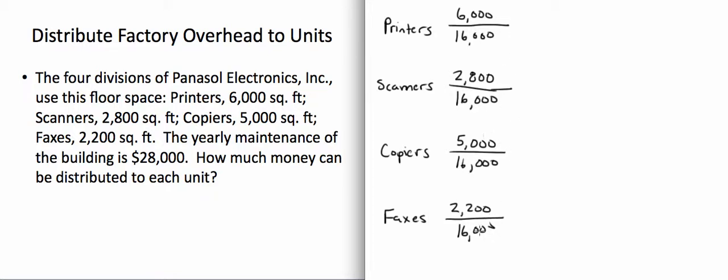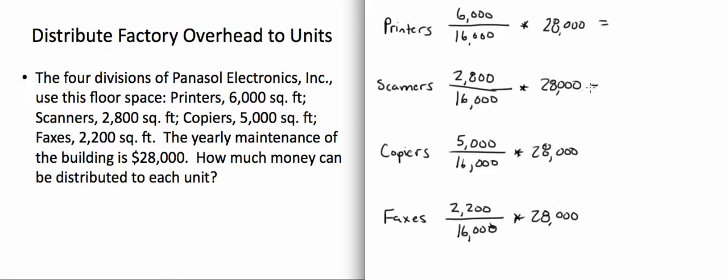And then if we see as well, they say the yearly maintenance of the building is 28,000. So we're going to take this value after we divide it, and multiply it by 28,000. We'll do that for each one. And so what's going to happen here is we're going to get individual values for each one, and that's going to be the total cost for each value.